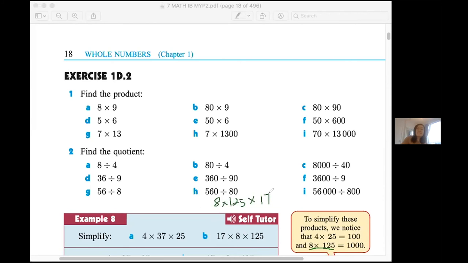So we can do 8 times 125 first, which is, so 40 we have, and then 2 times 8 is like 16, and then 16 plus 4. It's 1,000, and yes, 1,000 times 17. Yeah, 1,000 times 17 equals 17,000.